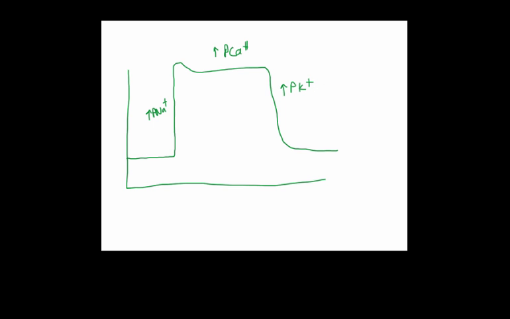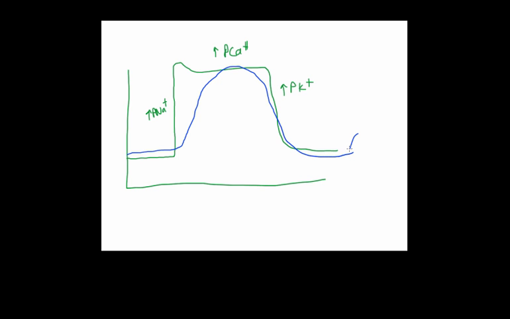Well, if we were to overlay a picture of the force of contraction of the cardiac muscle, what we would see is the muscle is relaxed, relaxed, relaxed, relaxed. Now it receives action potentials, it contracts, and then it relaxes again. That's like a muscle twitch.